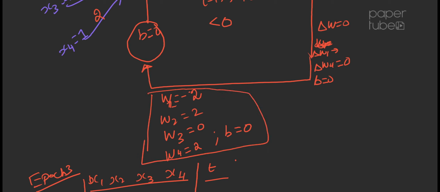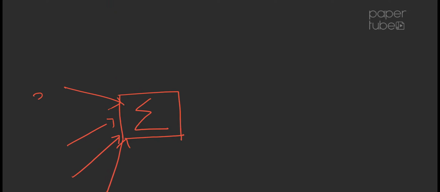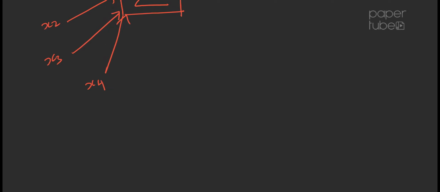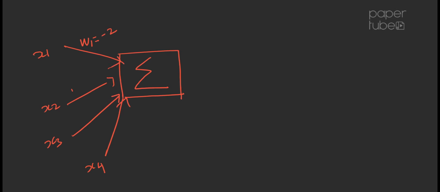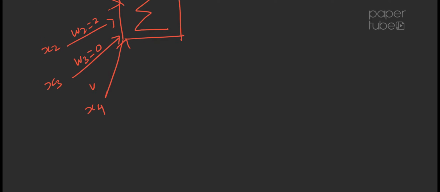So let's write the solved perceptron, how it looks. To solve the given problem, the perceptron will look like this. x1, x2, x3, x4, and the correct weights are W1 equal to -2, W2 equal to 2, W3 equal to 0, W4 equal to 2, bias equal to 0.